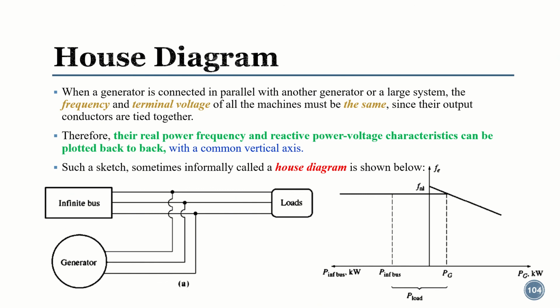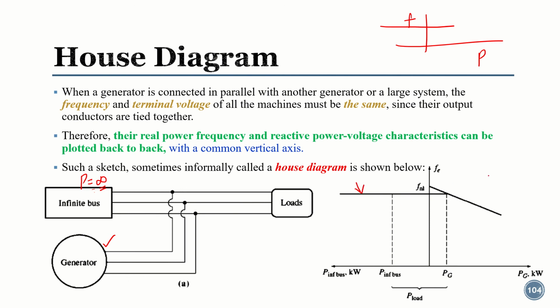So typically we can draw, for example, an infinite bus. This is the bus which is supplying infinite power, and now you are attaching a new load. If you talk about the infinite bus relationship, power and frequency remain constant. So that is the line for the infinite bus.